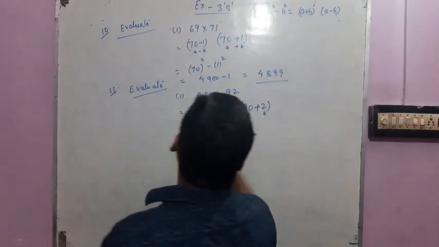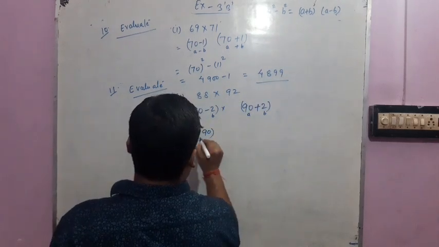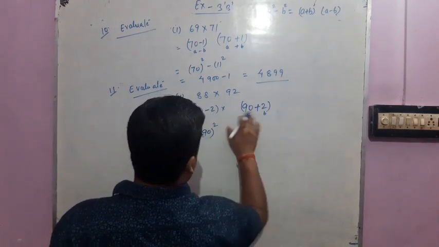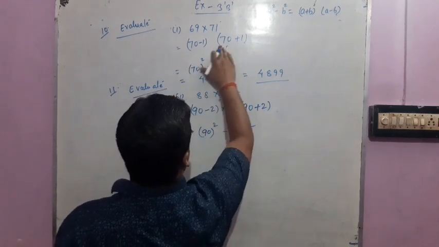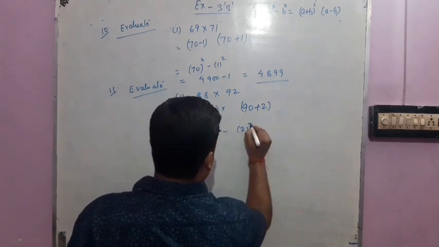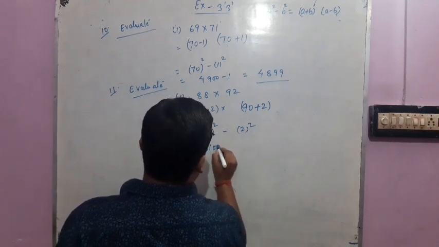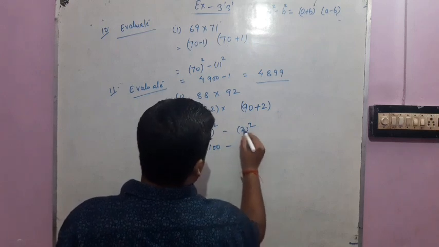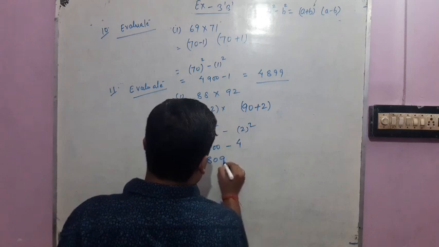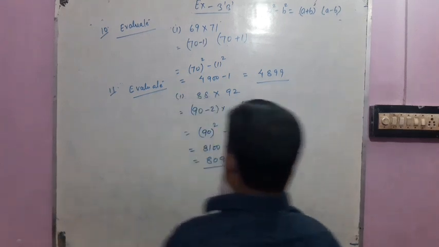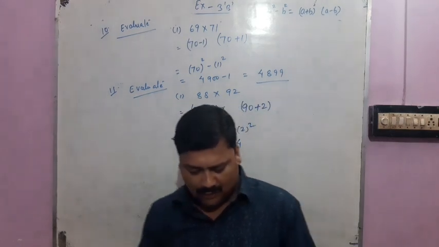The formula is the square of A minus the square of B. The square of 90 is 8100 and the square of 2 is 4. So here the result is 8096. That's your answer. Okay students, in the same way you have to solve the second question of 11.